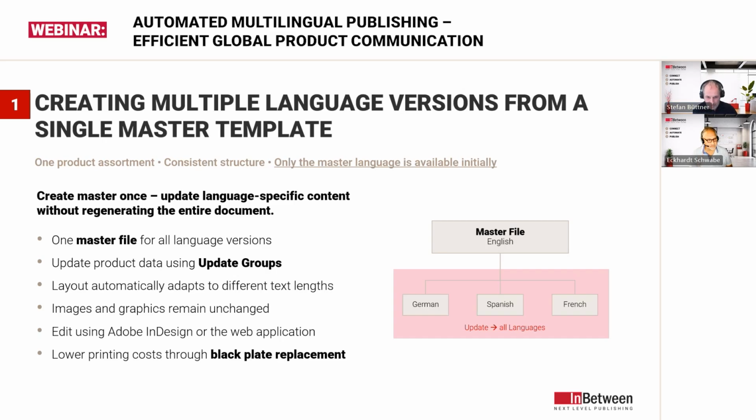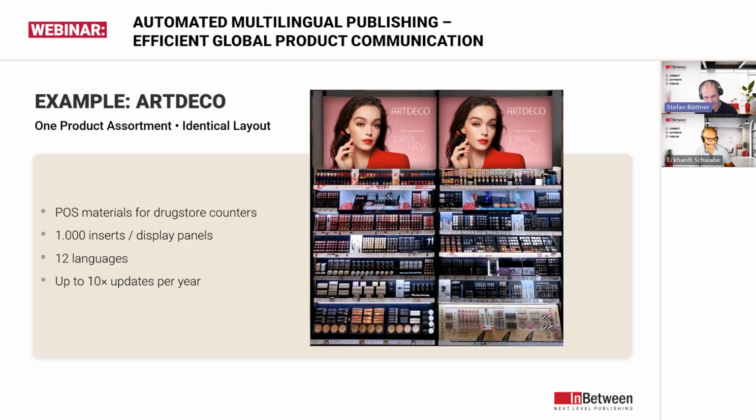And by this behavior, you can save a lot of money during the print process, because you don't have to do all the plates again for all the colors. You only replace the black plate that contains the text for the different languages. That can save cost, of course, during the printing process.